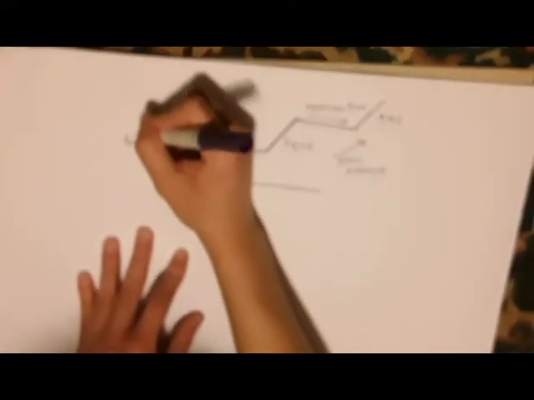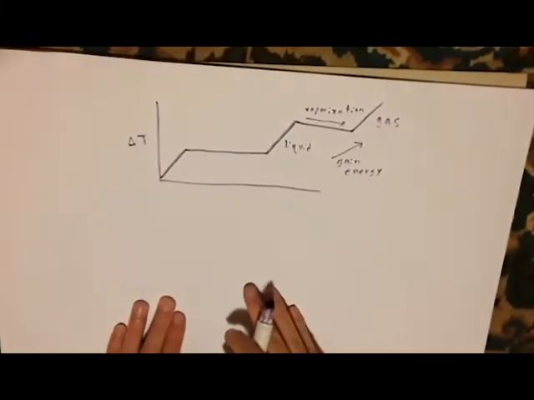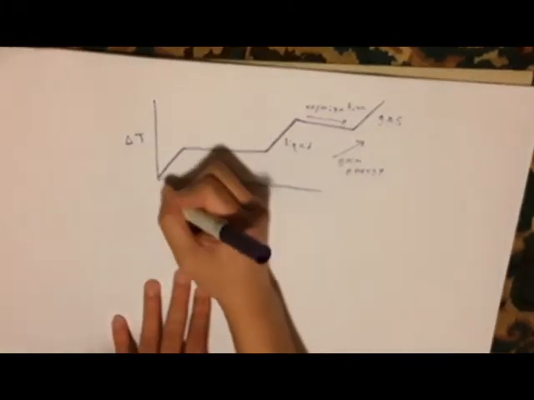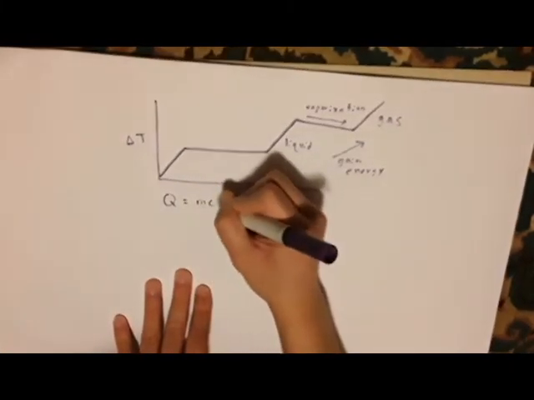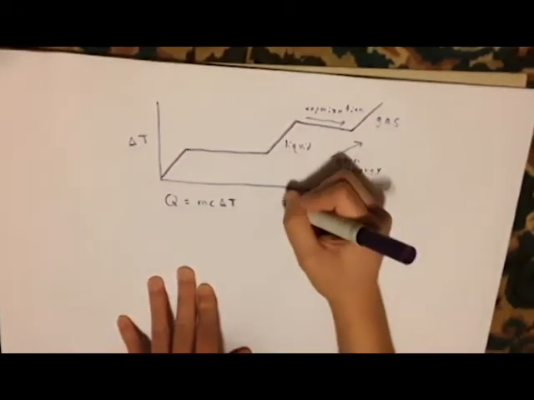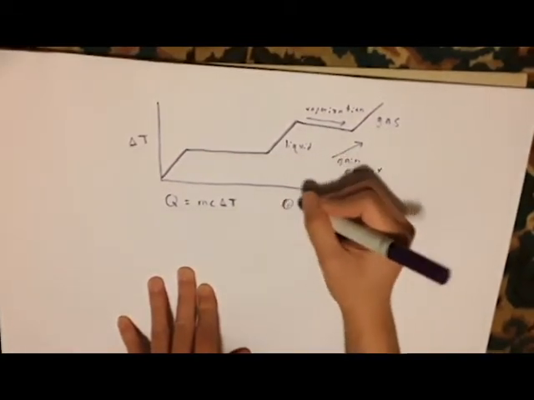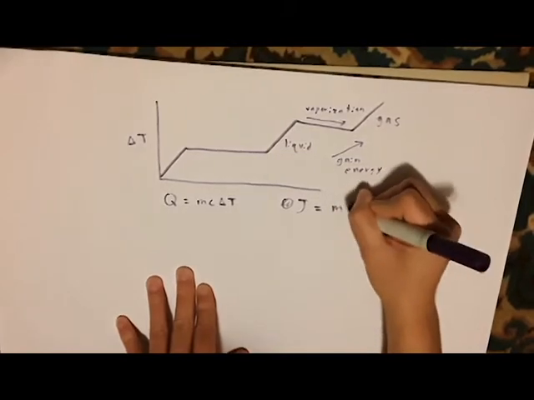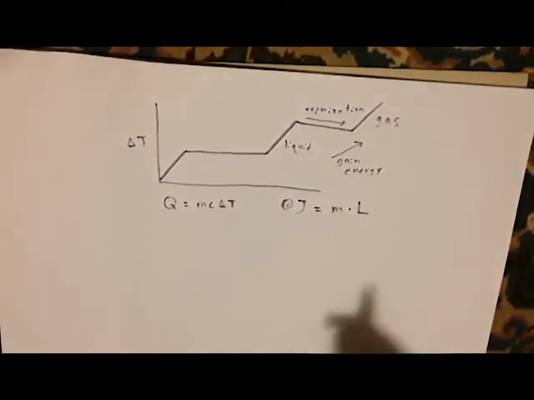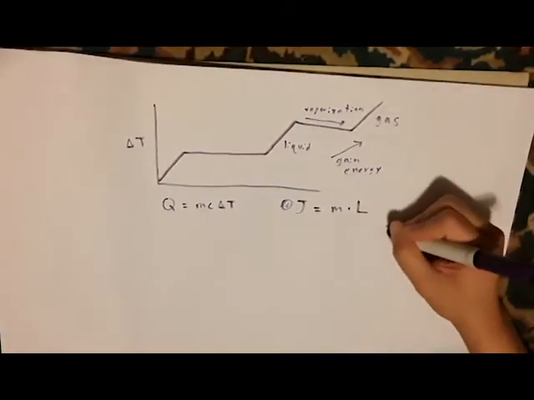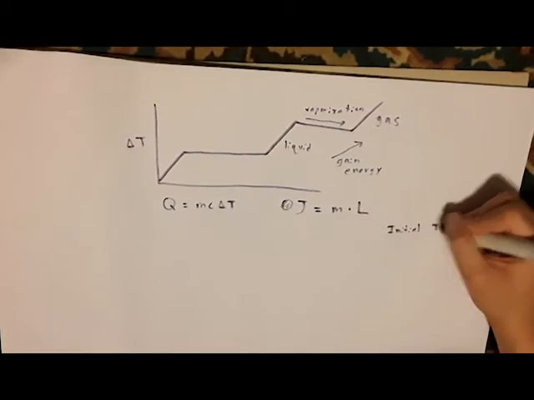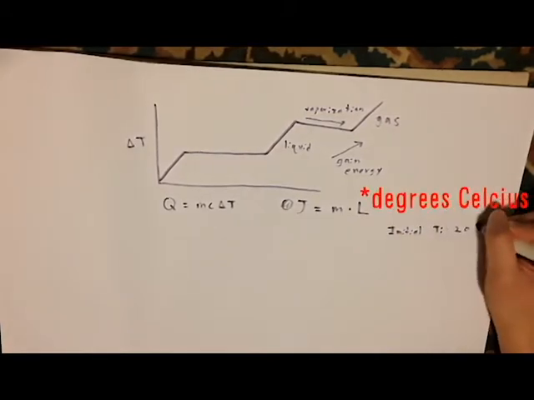We're going to do an example problem. We're going to use the equation Q equals m c delta T that our friend Andrew gave us. And we're also going to use the equation joules equals mass times latent heat. We'll start with initial temperature being 20 Celsius.